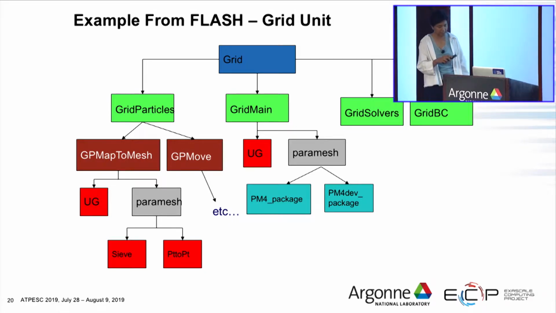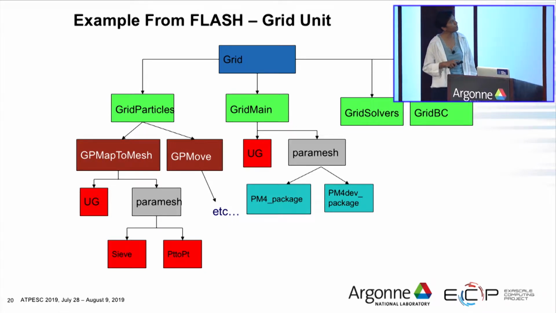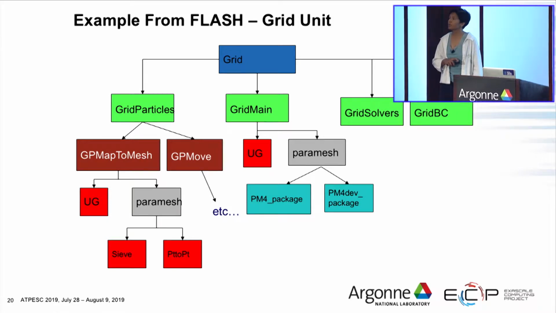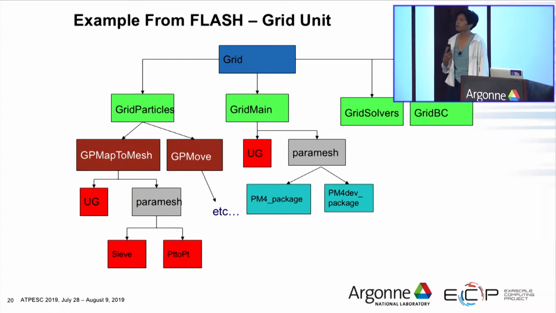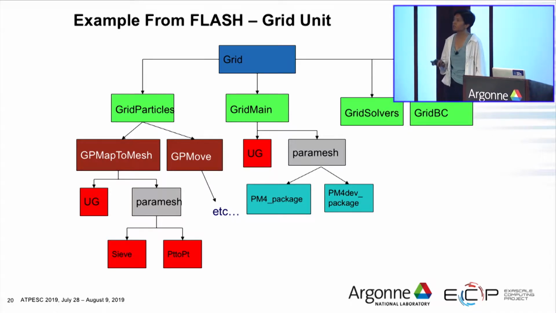And so this is an example of what a component of the infrastructure in Flash looks like. So grid is the unit that actually discretizes the entire domain. Flash is an adaptive mesh refinement code. I'm sure yesterday you would have heard about adaptive mesh refinement. So under the mesh in Flash is that, but also there is a uniform grid implementation.